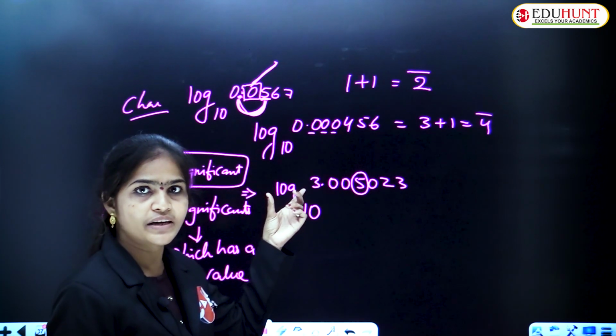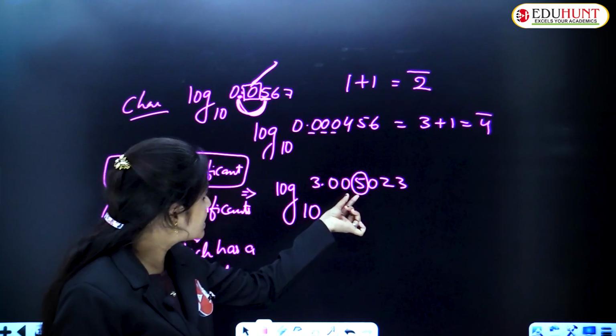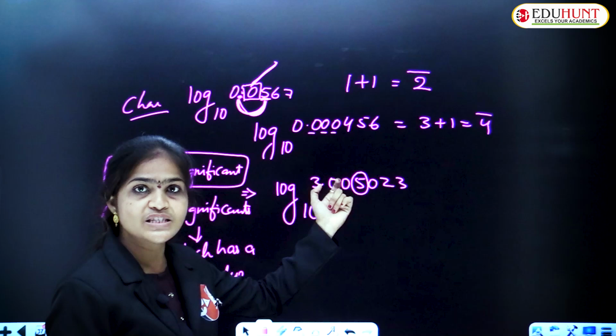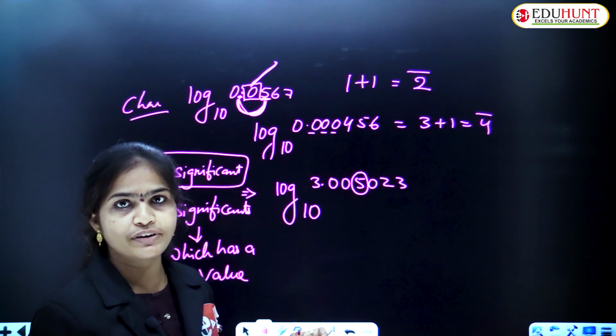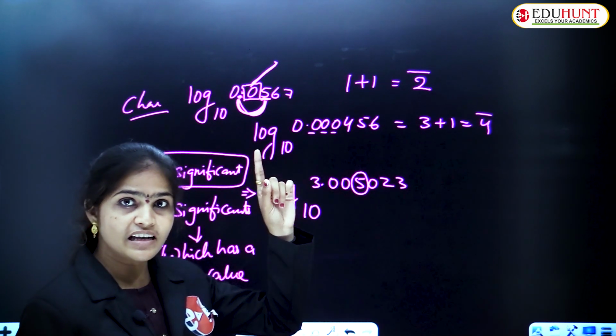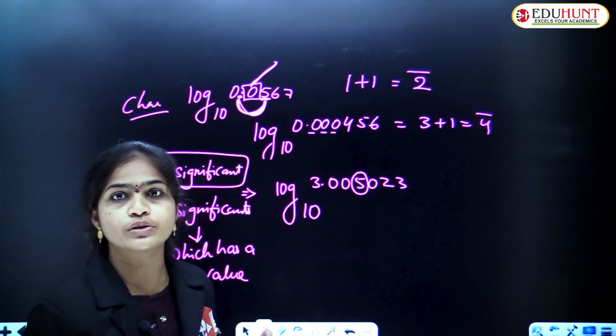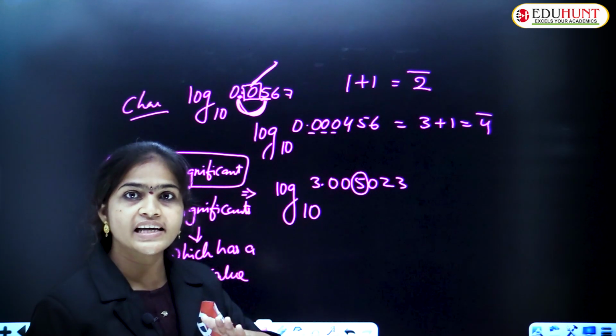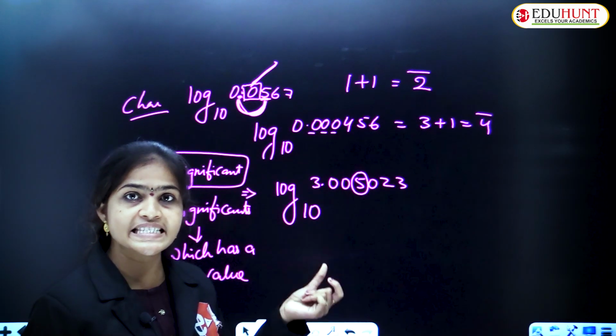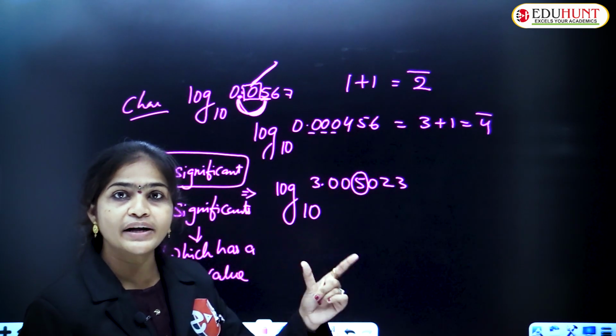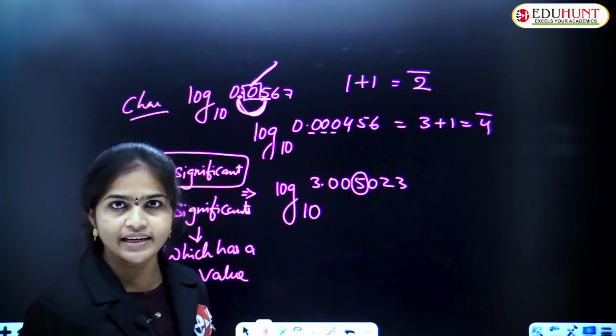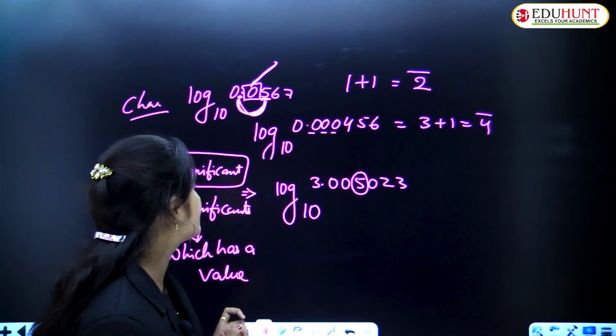So that is insignificant. Significant means the symbols that have a value, which means 1 to 9 are significant digits. Already we discussed this in the first concept in number system. I told you that digits 0 to 9 are called digits. 0 is called the insignificant digit and 1 to 9 are called significant digits. So that word we have to use here again.